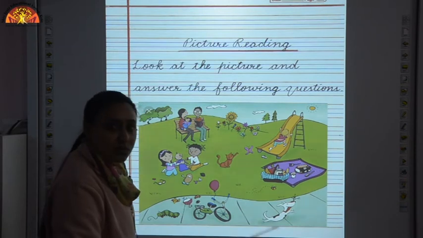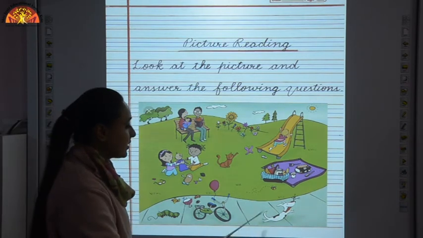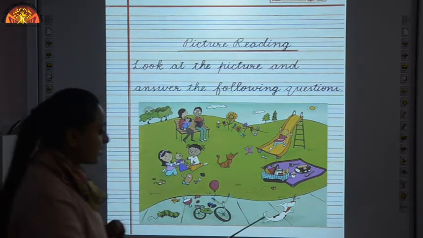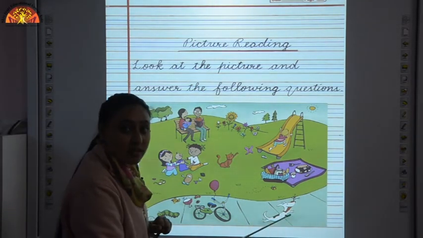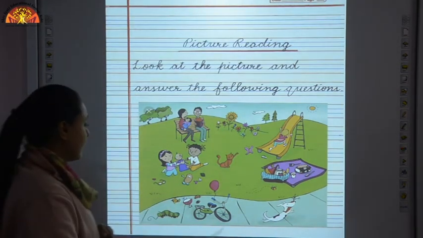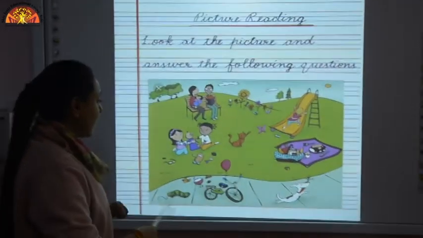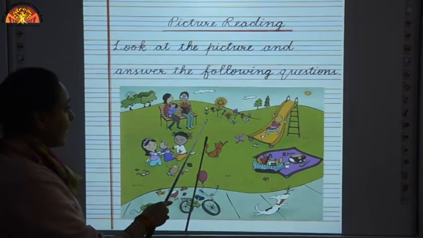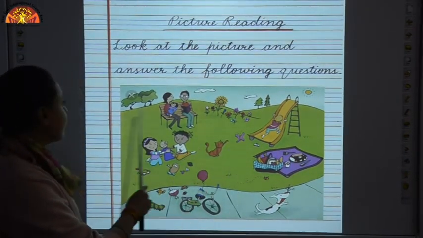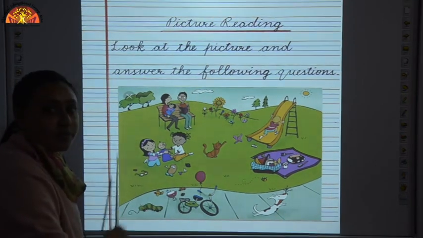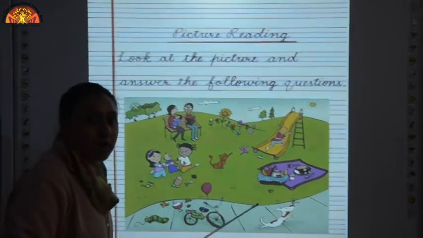And what is the dog doing? Look over here, the dog is running with something in its mouth. What is it? Look, this is an orange color carrot in its mouth, okay. There are toys lying there, beautiful flowers are there, different color flowers are there, trees are there. So this is a picture of a picnic at a park, okay.